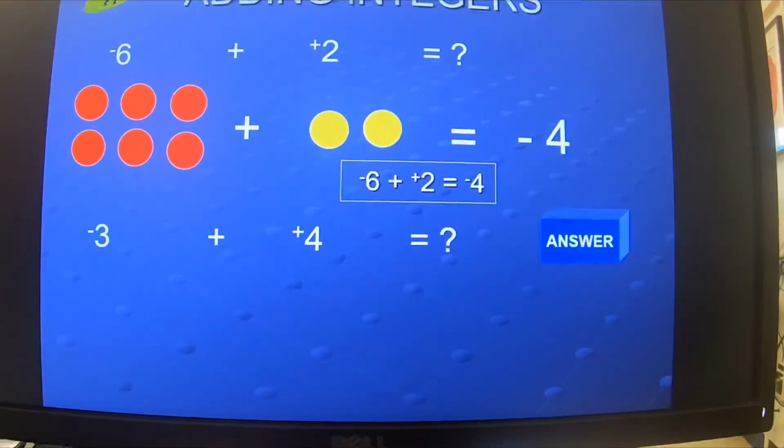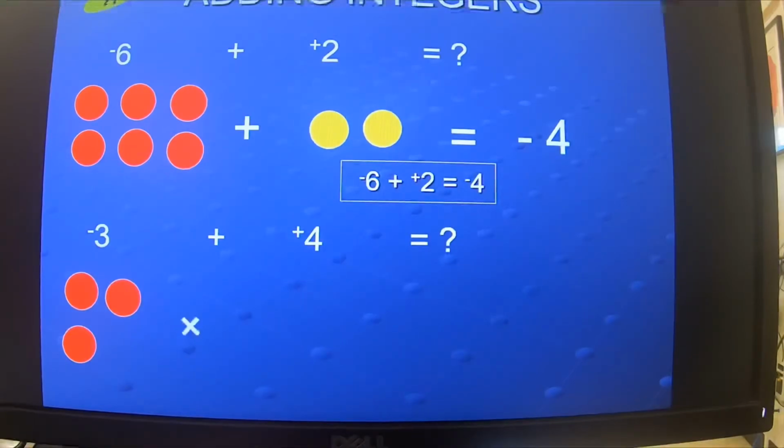What about this one? Negative 3 plus positive 4. So I'd start with my 3 negative chips. I would add, because we're dealing with addition. And that's important. The first lesson we're doing is adding integers. We're not going to subtract yet. Subtracting is actually a lot more difficult. Not so much that it's difficult, it's a little harder to model it.